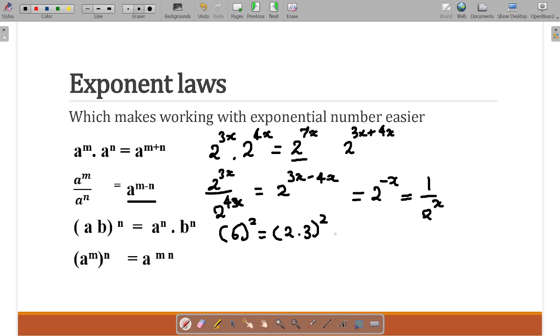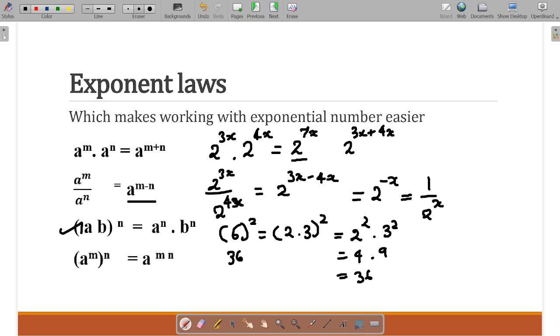You can represent that as 2 power 2 and 3 power 2. 2 power 2 is 4 and 3 power 2 is 9. So here also we have 36. We can use any real numbers so that this law can be verified easily.